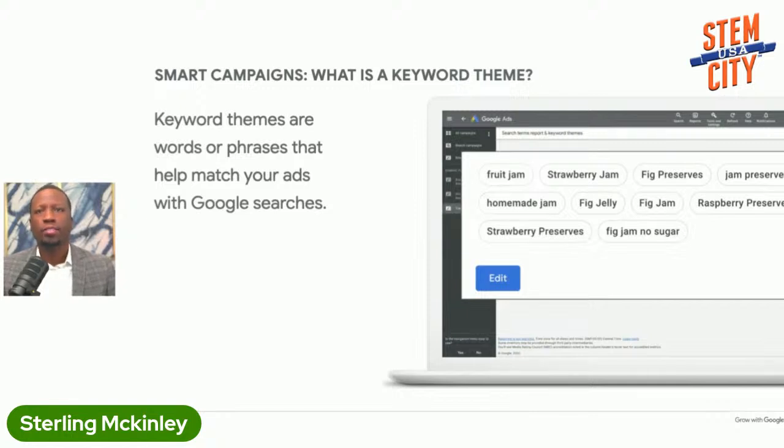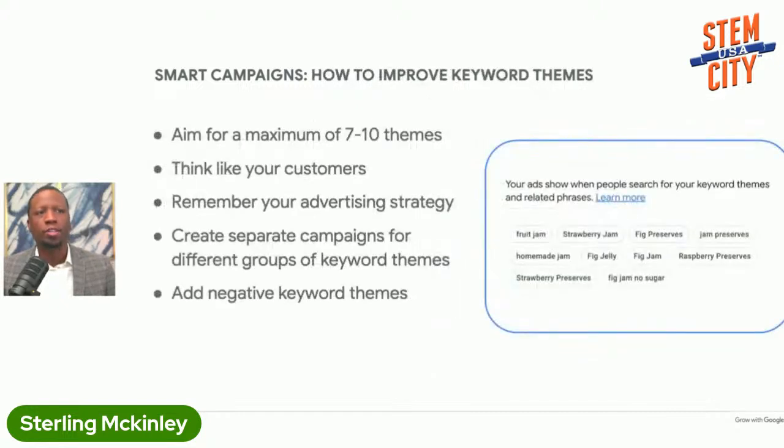Smart campaigns. What are keyword themes? Keyword themes are words or phrases that help you match with Google searches. So you want to keep that in mind to have good keyword themes. How can you improve your keyword themes? First off, think about this. If you try to type in every single word that your customer may type in to find your product or service, you'll have a long list of keywords.